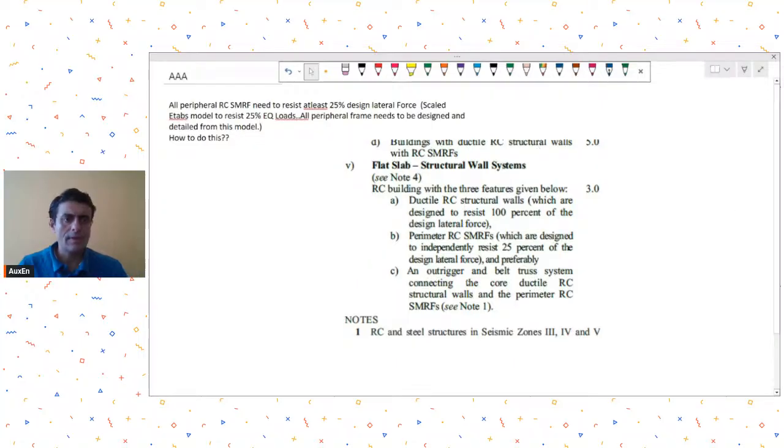Perimeter RC. So perimeter RC special moment resisting frames. Is it from the same line? I'm just struggling to find the provision.